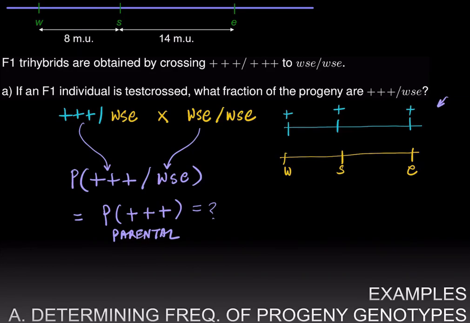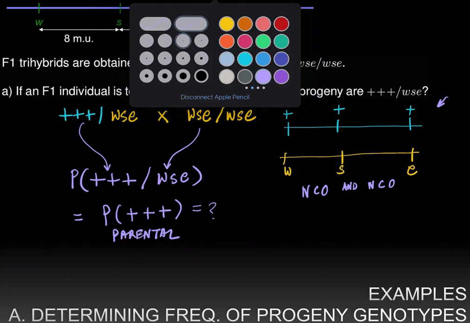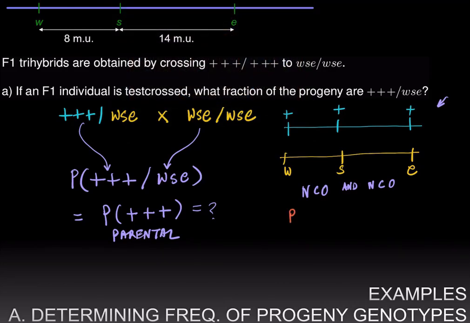Now, the only way to obtain or preserve the parental genotype is for there to be no crossovers between W and S, and also no crossovers between S and E. Now, what is the probability of a crossover between W and S?